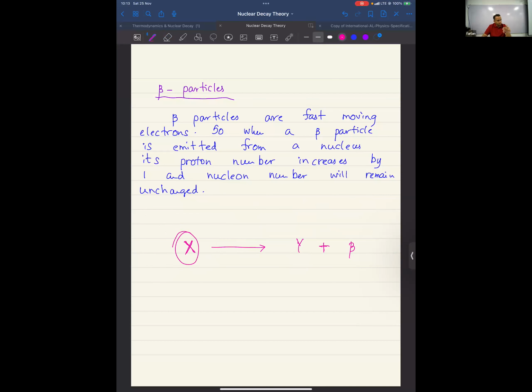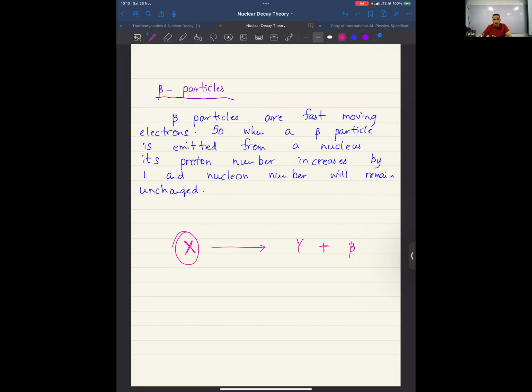But originally, are there electrons in the nucleus? No. There are only protons and neutrons.